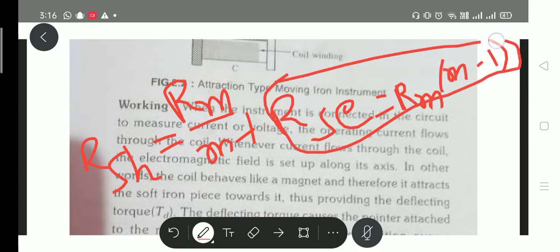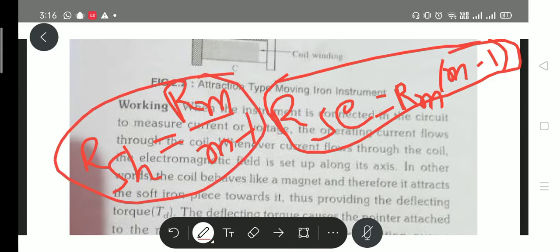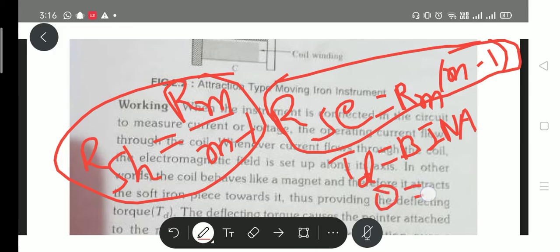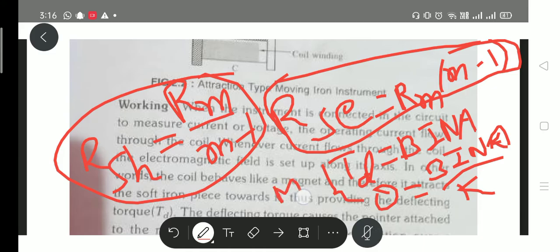These problems are very important, and we discussed moving iron and moving coil instruments also. We discussed some problems on deflection torque, that is Td is equal to BINA. Theta is equal to BINA by K. These are the moving coil instrument formulas.